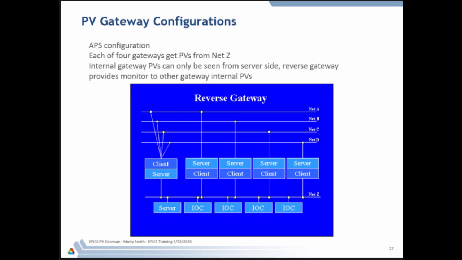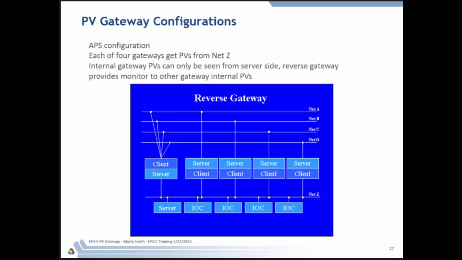I have one gateway connected, the server side listening to each of those networks, which I'll call the beamline networks, net A, B, C, and D, and the client sides all connect to the IOC network, or the accelerator. Now, like I said before, these I'll call the user gateways.